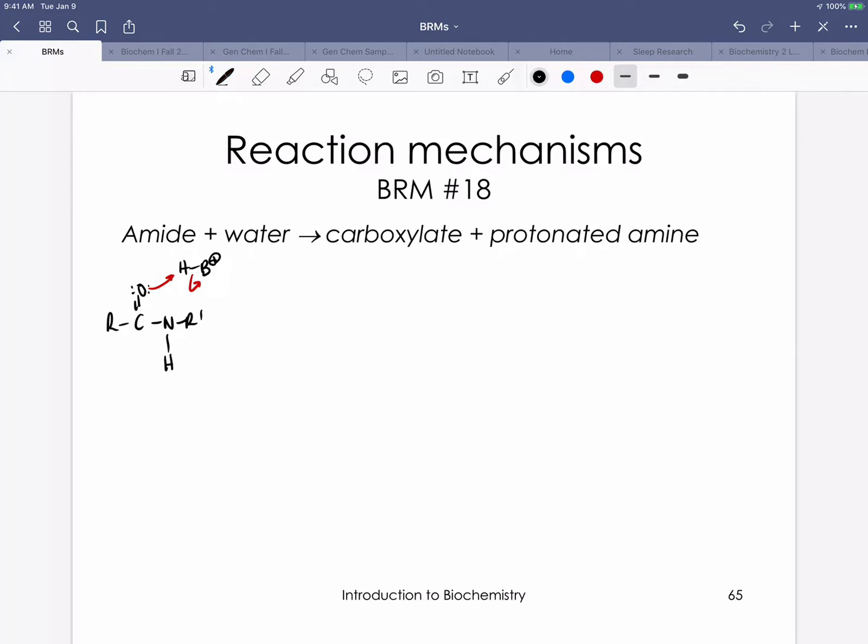So in most cases here, remember we want to have solvents serving as the proton donor or proton acceptor. So now that we have this protonated amide, it's much more susceptible to nucleophilic attack by water.